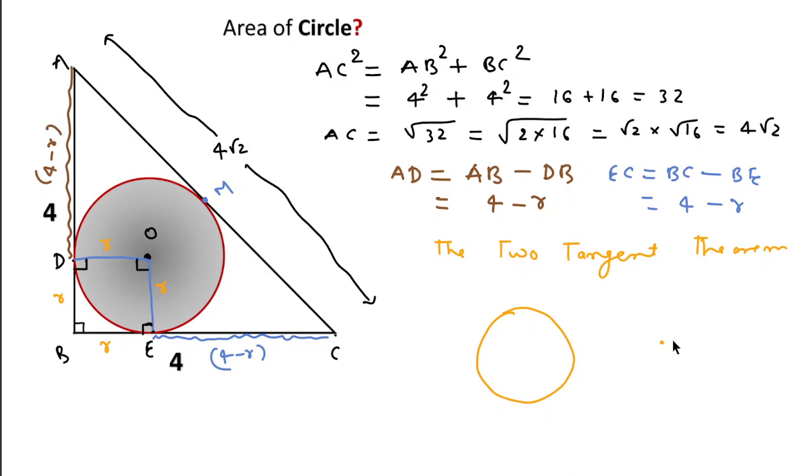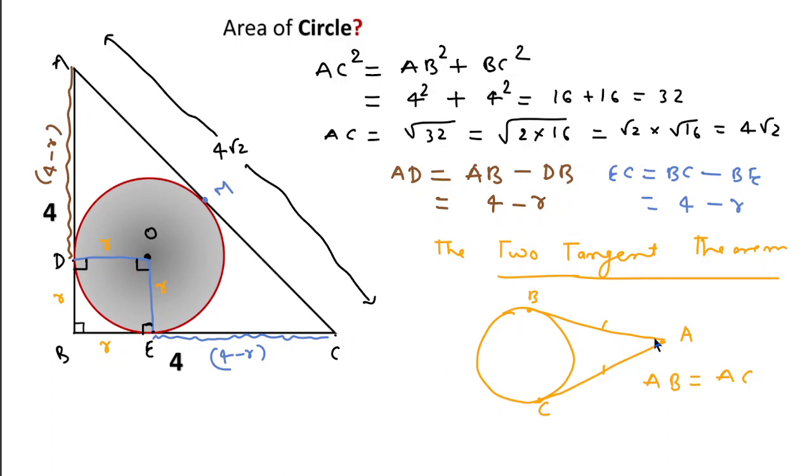That is, this point is, let's suppose, A, and if we draw one tangent segment to this point B, and if we draw another tangent segment to this point C, then according to the two tangent theorem, AB will be equal to AC. Okay, because A is the same external point for tangent segments AB and AC.